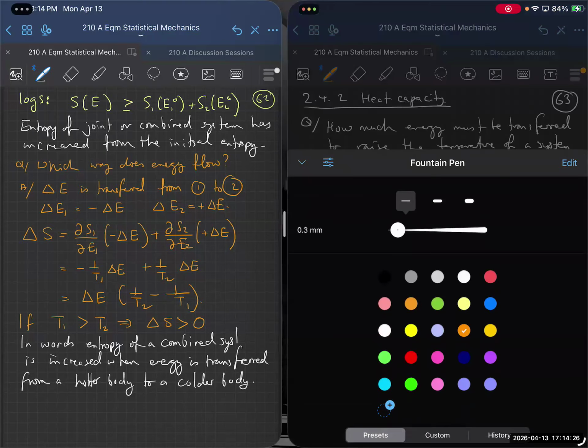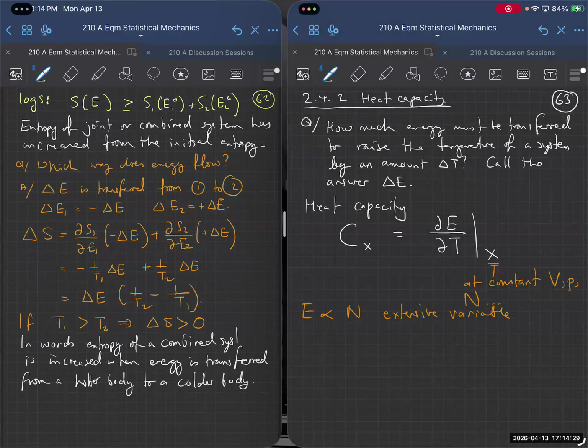And so therefore the heat capacity C_X is extensive as well, but it must reflect what the system is made of. So if I've got a system with a lot of particles in it, they can carry a lot of energy, but what I really want to know is the heat capacity per particle, or what is the property of the physical system that doesn't depend on how big it is.